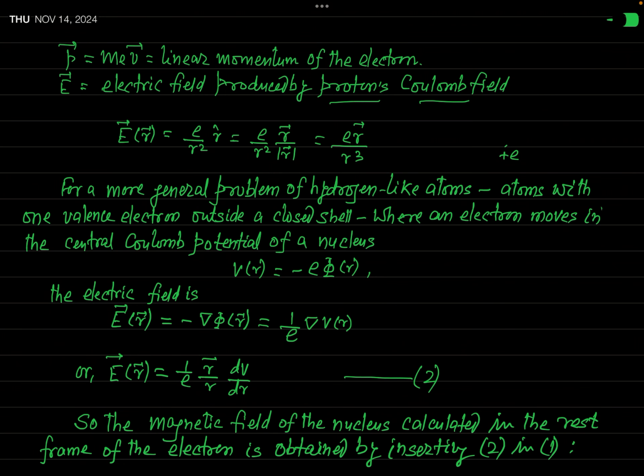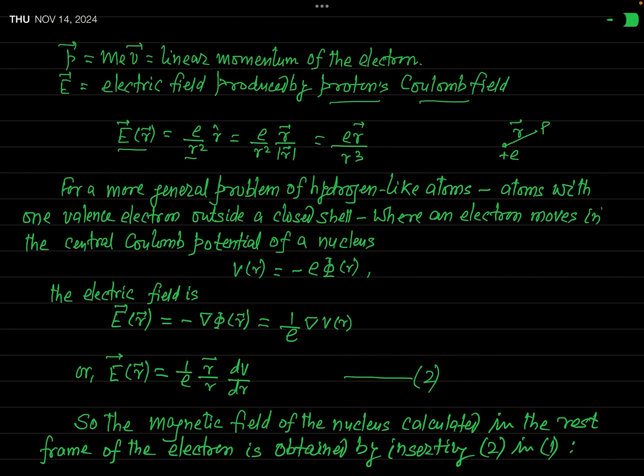And at a distance r, you have to find the electric field produced by this plus e charge of the proton. This is just a point charge. And from electrostatics in CGS units, this field is given by e over r squared times r hat, where r hat is the radial unit vector in the direction of the electric field.